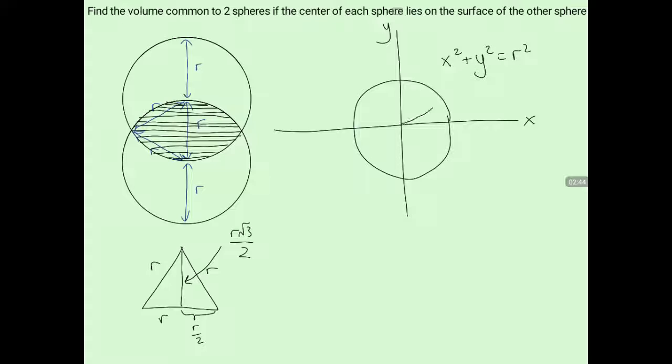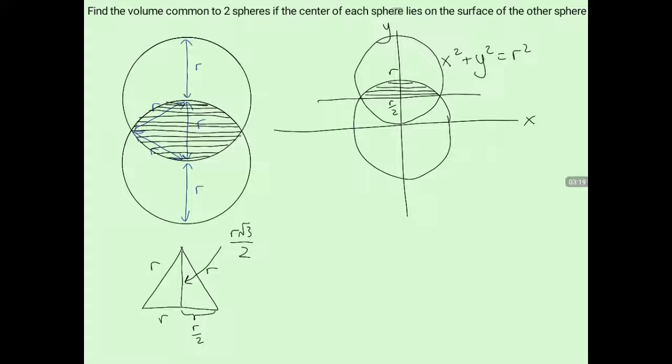So if we draw the other circle here, then we can find the volume obtained by adding together all the circles from r over 2 all the way to r. And we're talking about lengths on the y-axis. So if we do this, then we can multiply that volume by 2 to get the volume of this entire object.